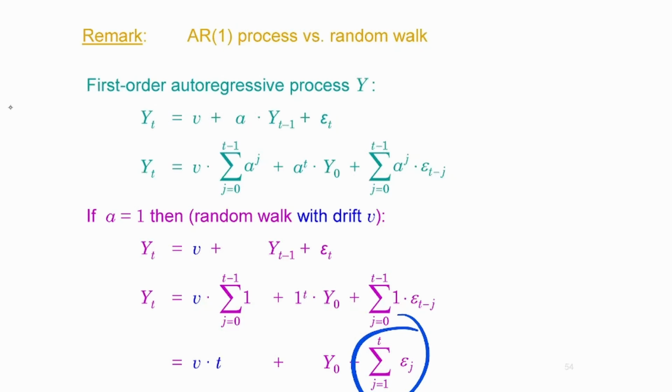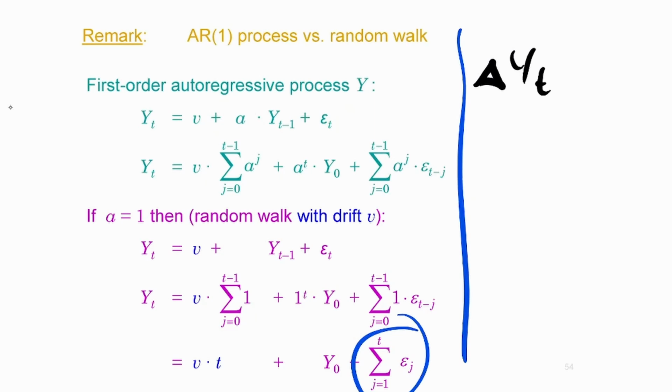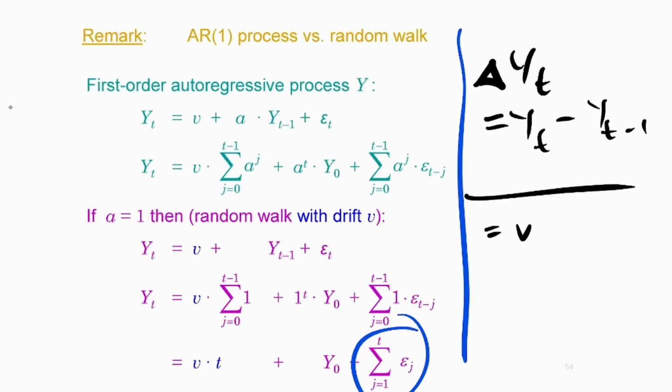Now, something you might consider is taking the increments of that process, which means differencing it. Differencing is, of course, the current observation minus its past. What you're left with is the current observation of the trend, which is v times t minus v times (t minus 1), which is simply v.